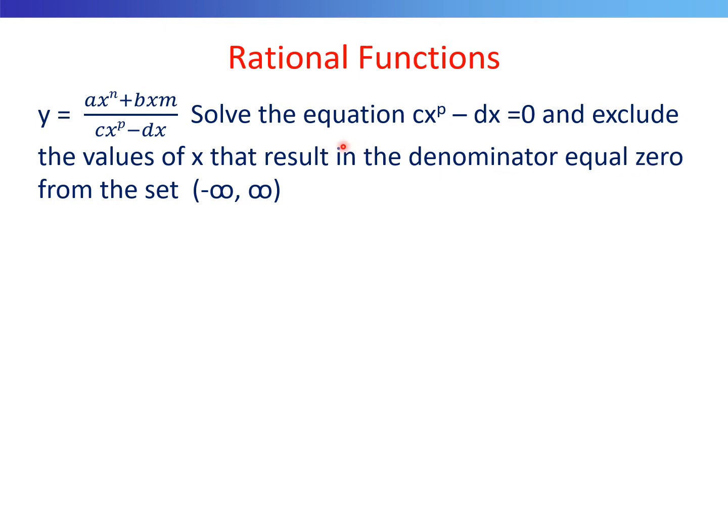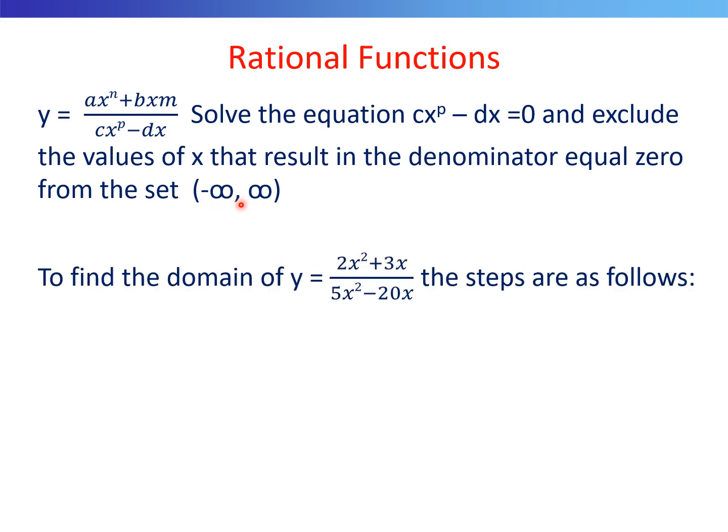We have to exclude them from the set of real numbers. To find the domain of y equal to 2x squared plus 3x divided by 5x squared minus 20x, the steps are as follows.